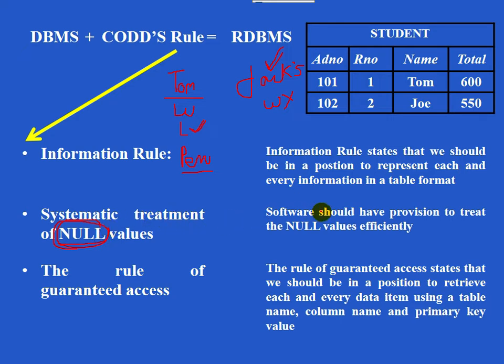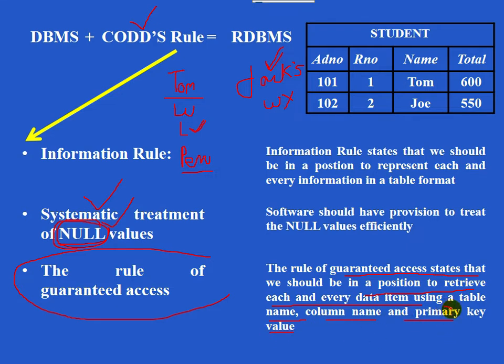So if the software has got provision for representing missing entry, then we can say property 2 of Codd's rule satisfied. What is the property 3 of Codd's rule? The rule of guaranteed access. The rule of guaranteed access states that we should be in a position to retrieve each and every data item using a table name, column name, and a primary key value.